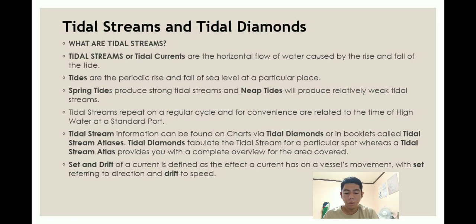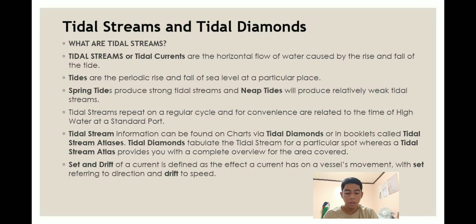Spring tides produce strong tidal streams, and neap tides produce relatively weak tidal streams. Tidal streams repeat on a particular cycle and for convenience are related to the time of high water at a standard port. Tidal stream information can be found on charts via tidal diamonds or in booklets called Tidal Stream Atlases.